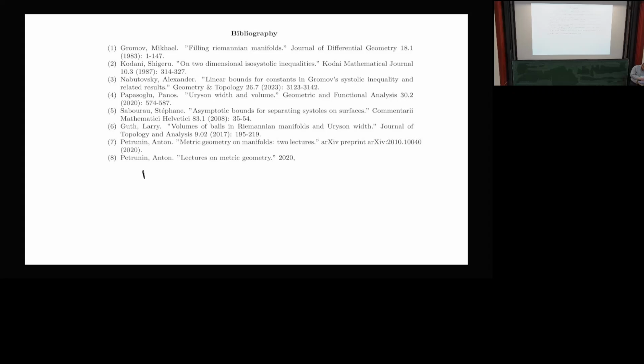My plan for the lectures is to first prove the systolic inequality. It will be clearer later what I mean. Theorem 1: the systolic inequality of Gromov, the systolic inequality for surfaces.